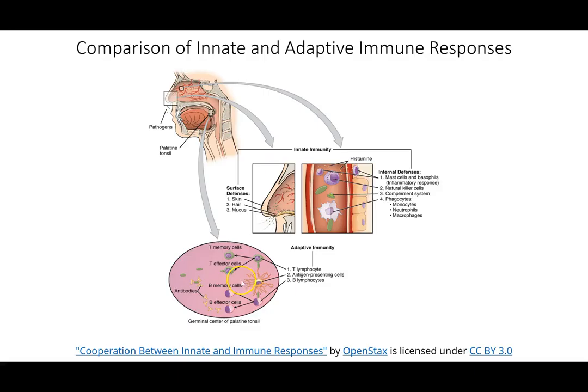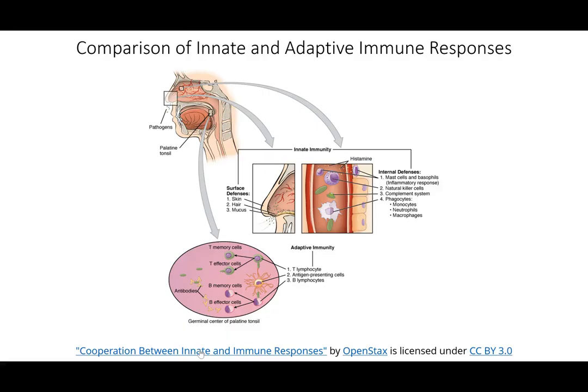Our antibodies and our memory cells are a really key component of it, even though they're not directly going to be killing off cells necessarily. We still need those components of our immune response overall.